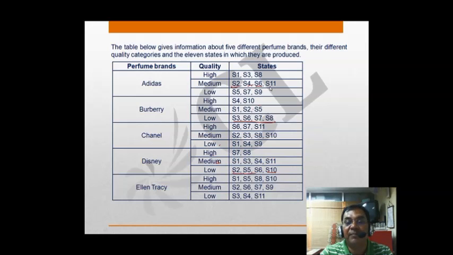S11, I cannot see it. So this one becomes 1, 2, 3. S11, no, I don't see it in Burberry. Then now I'll come to Allen Solly. S2 already done. S6 already done. S7, could I see? Yes, S7 was here. So 3, 4 is there. S9 I could not see.